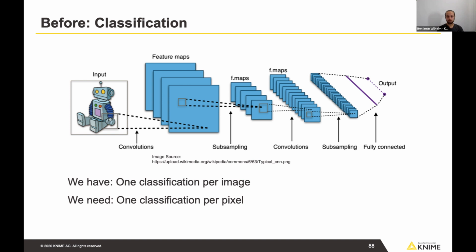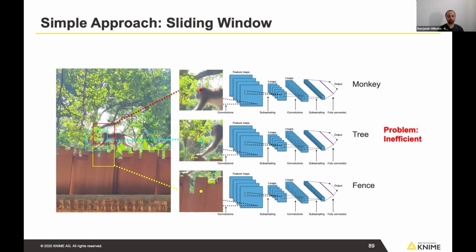And in the end, we had one output, one probability distribution, so we had one classification per image. So what we need now for the segmentation task is we need one classification per pixel, not per image. So a straightforward thing to do now is just to use what we already have and apply it on some patches of the image.